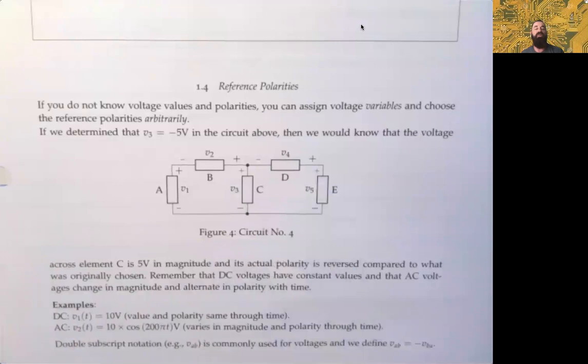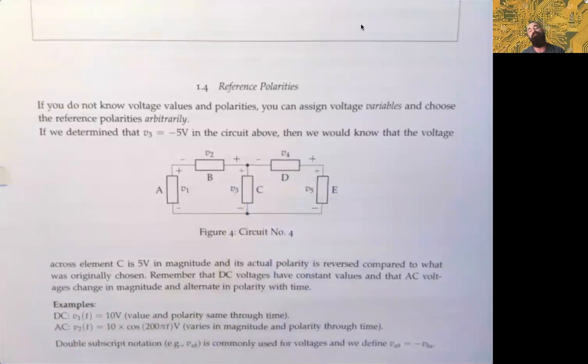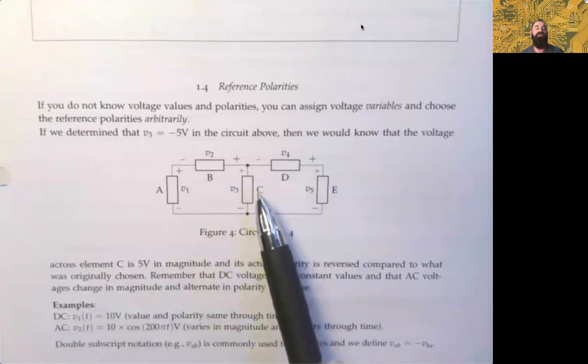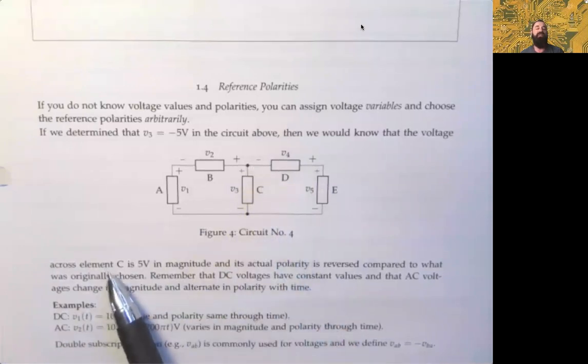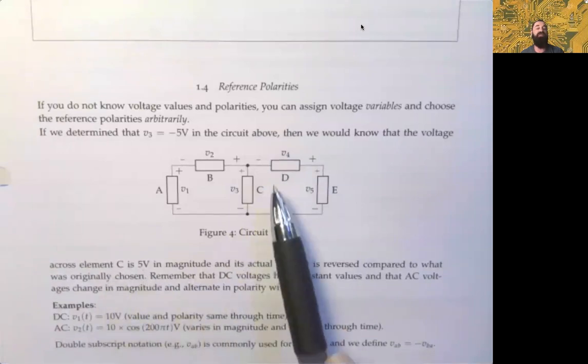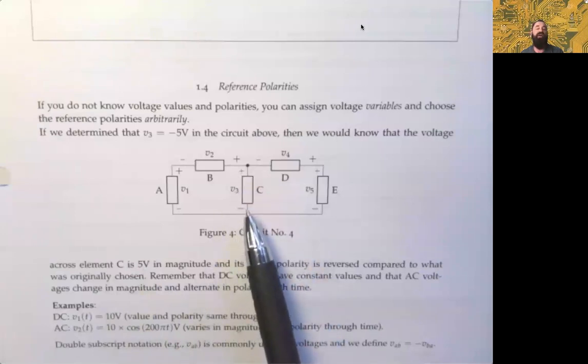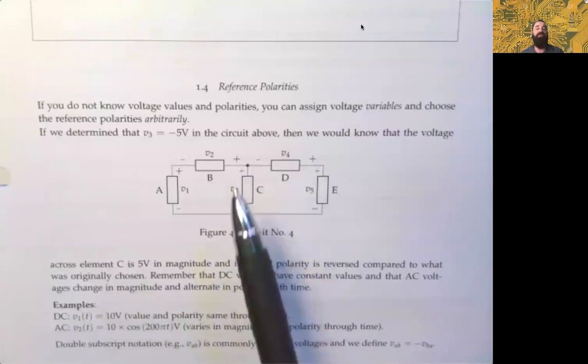So in this example, this is just an assigned reference, but if we were actually to measure the polarity of this particular circuit element C, and we determine that the voltage is negative 5 volts, then we would know, because this is the assigned polarity here, that the 5 volts in magnitude is actually reversed in polarity, so that in reality we should have had the bottom being the positive and the top being the negative.